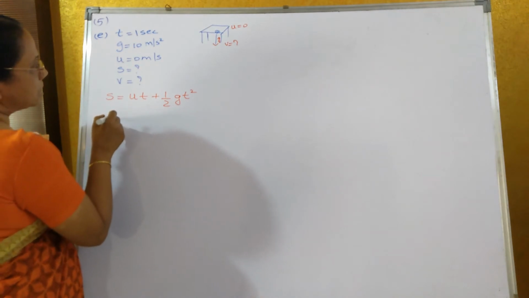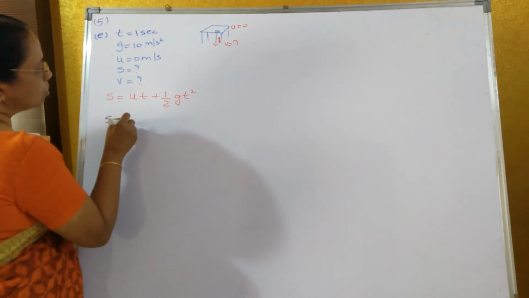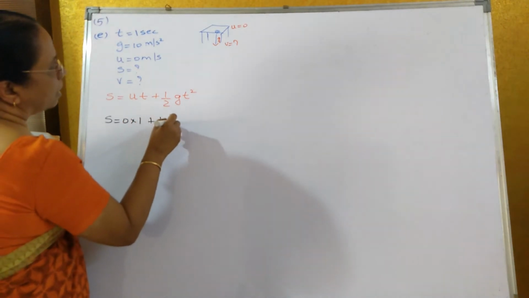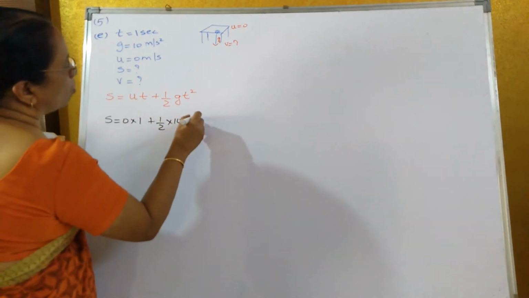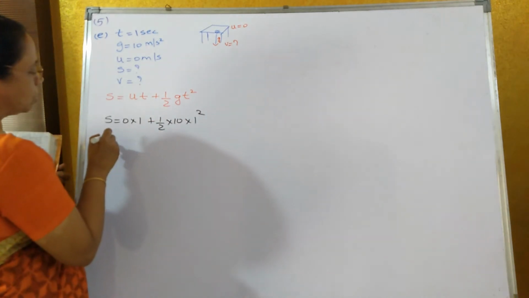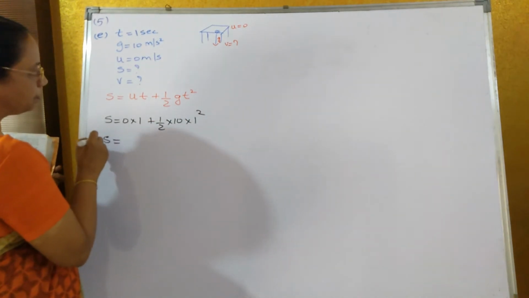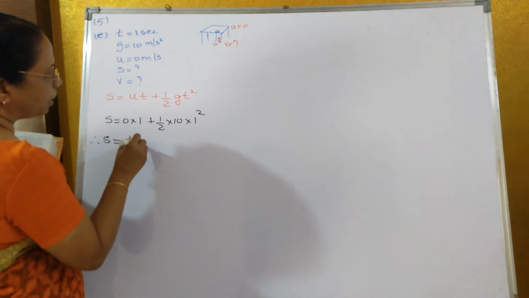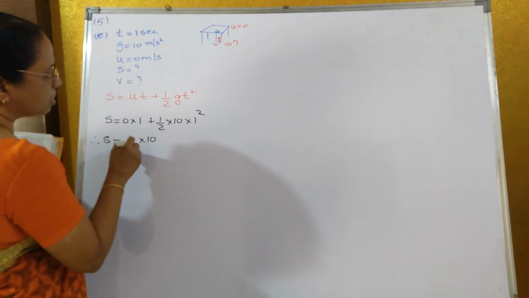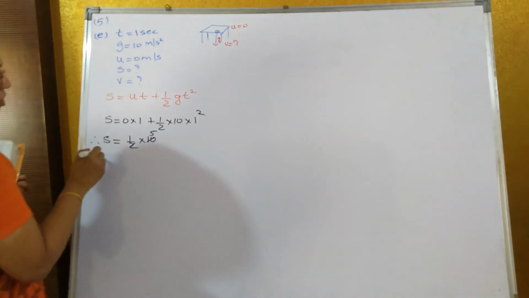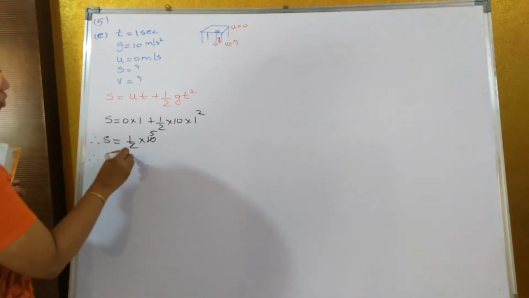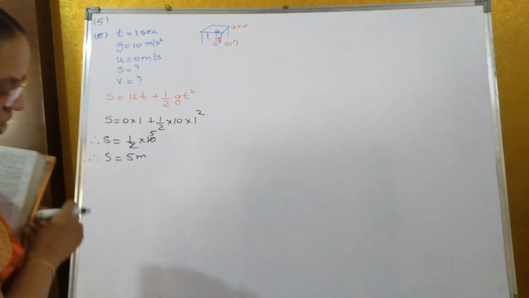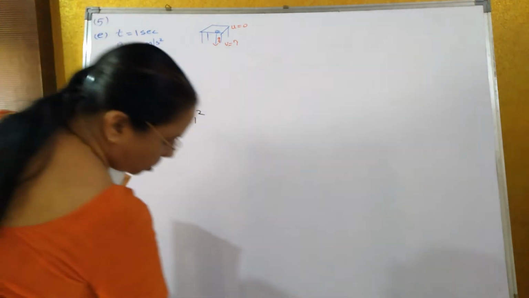So s is equal to 0 into t plus half into 10 into 1 square. So this will become 0, half into 10 into 1 is 10, so that's equal to 5. Therefore s is equal to 5 meter. So the height of the table is 5 meter.